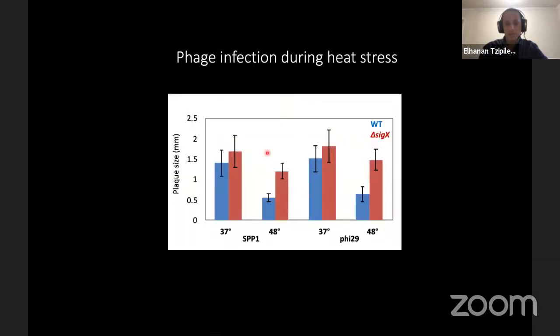And this is a quantification. You can see here that upon transition to 48 degrees, the plaque size of wild type cells highly decreased. However, the plaque size of SigX mutant cells only decreased a little bit with SPP1 infection and Phi29 infection.